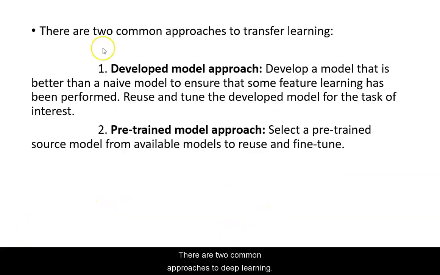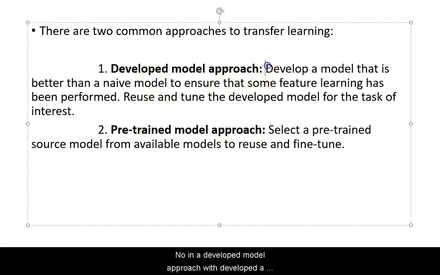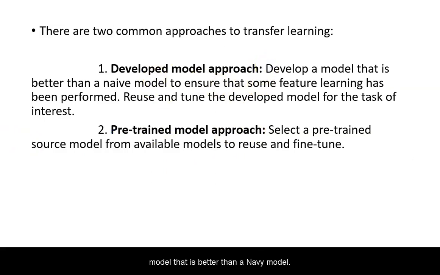There are two common approaches to transfer learning. The first one is the developed model approach, and the second one is the pre-trained model approach. We will primarily focus on the second approach, which is the pre-trained model approach. Now, in a developed model approach, we develop a model that is better than a naive model to ensure that some feature learning has been performed.